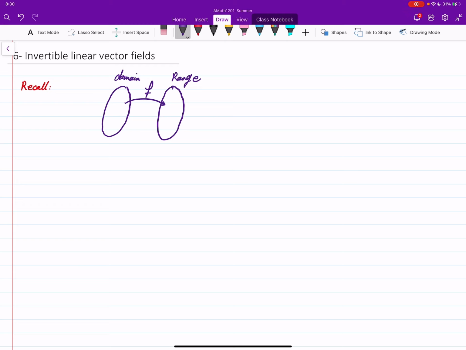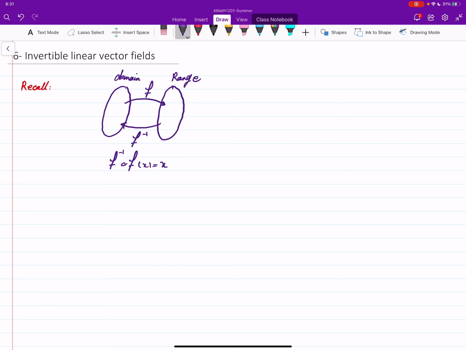Now we want to figure out when there is a recipe or a formula which reverses this process. So it goes backward, and when we combine these two functions, they basically cancel each other. We return back what we started with.